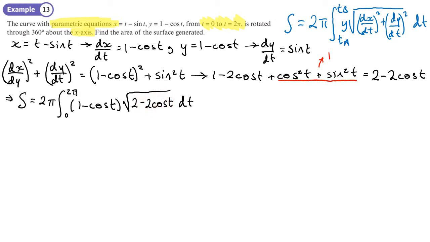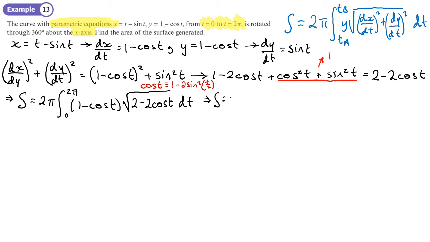And I'm going to use this trig identity. So if I say cos t rather than cos 2t, that's going to be equivalent to 1 minus 2 sine squared t over 2, which means then I can substitute this cos t for this here. So let's do that and see what we get.